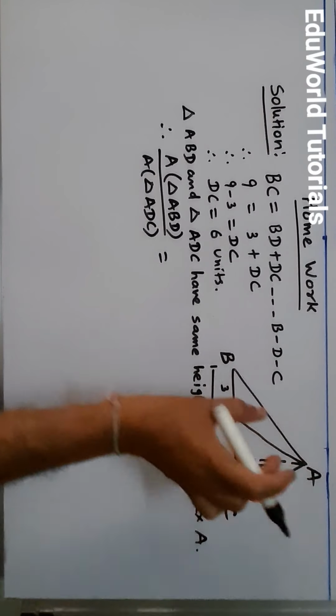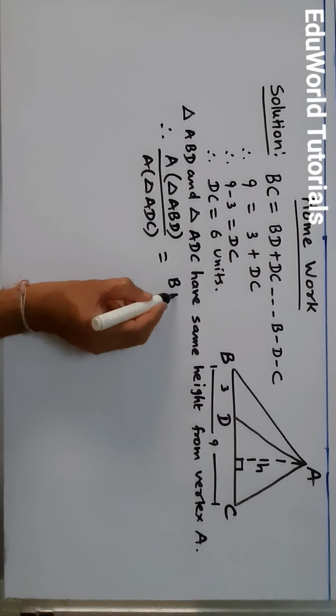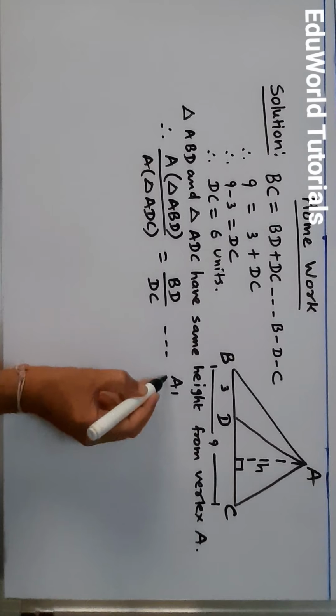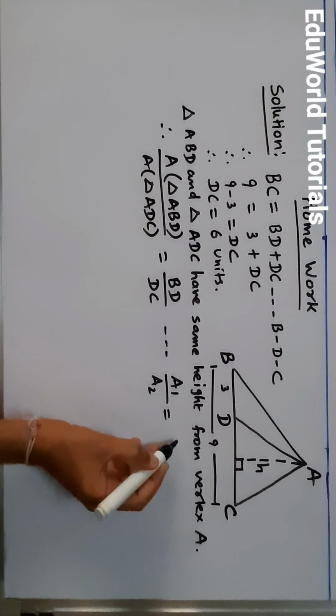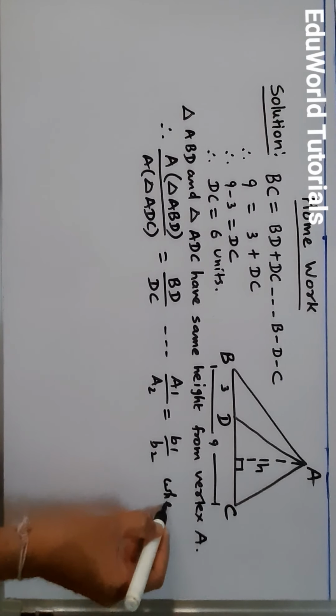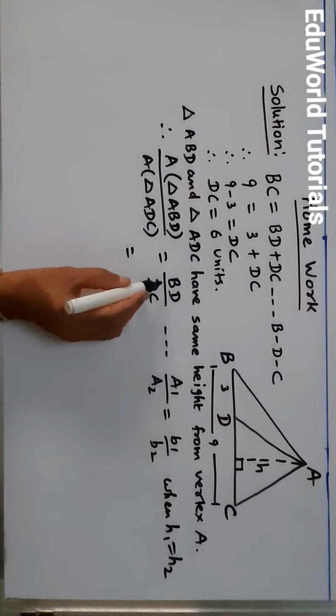In triangle ABD the base is BD and in triangle ADC the base is DC. So it is BD upon DC, and you know how to write the reason: A1 upon A2 is equal to B1 upon B2 when H1 is equal to H2. Heights are equal.